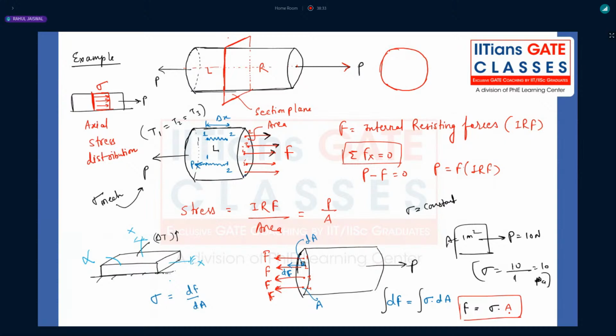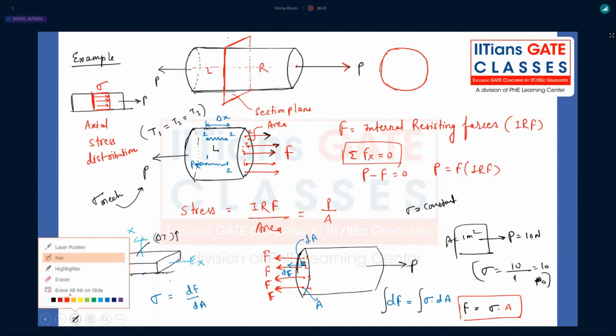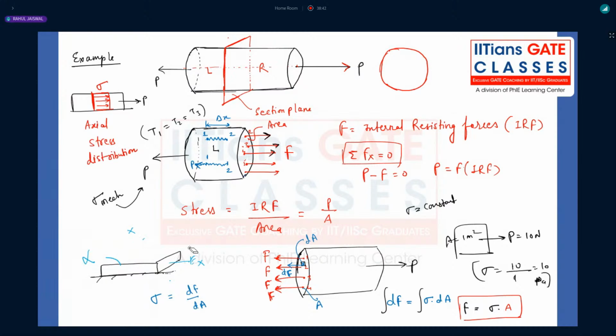Or particularly, if I write it for the delta A area, then what did we used to write? We used to write like this. Let me remove this part. Rather than writing this dF by A, we used to write sigma as limit delta A tends to 0 of dF by dA, because stress is defined at a particular point.